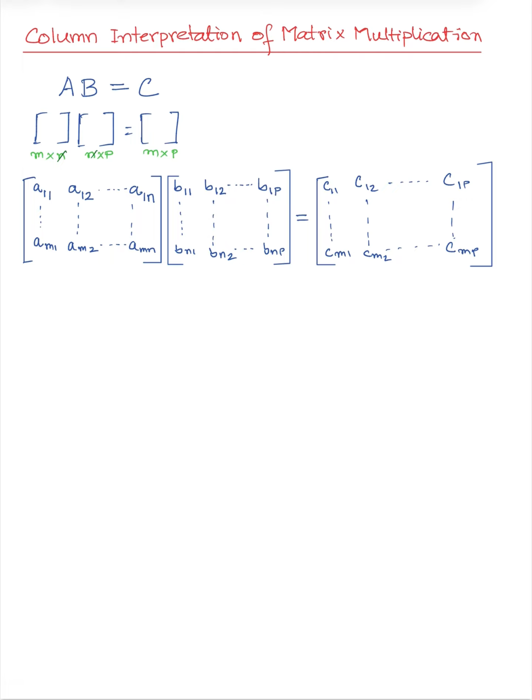But here we need to multiply these in terms of the columns. For that we need to do two things. First, we need to convert these guys into their columns and these guys into their columns. So let's do this.